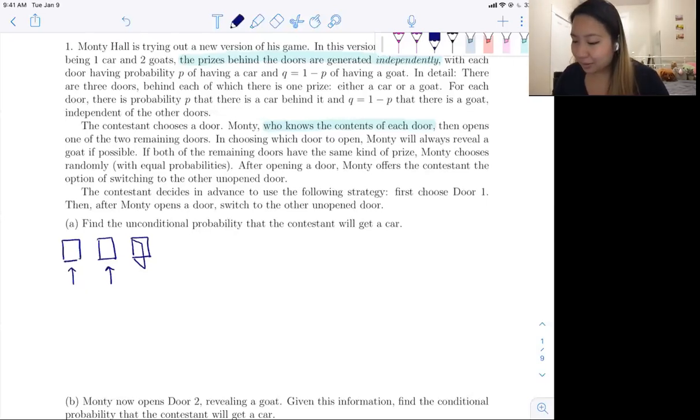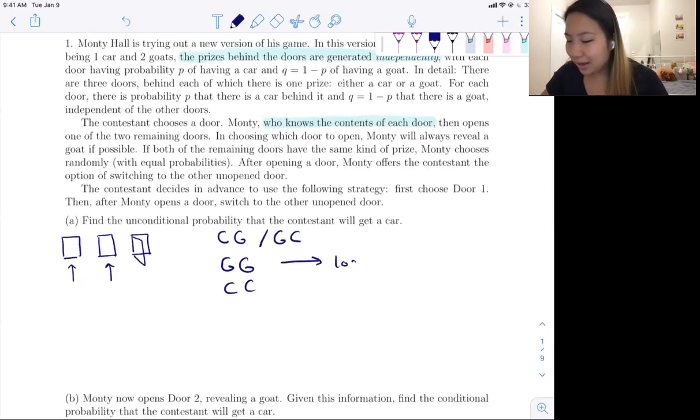We could have either the CG case or the GC case, car-goat or goat-car. We could have goat-goat, or car-car. In the goat-goat case, we're going to see a goat, and what's remaining is another goat. We're going to lose. In the car-car case, Monty opens a car door, and then we switch and we get another car.